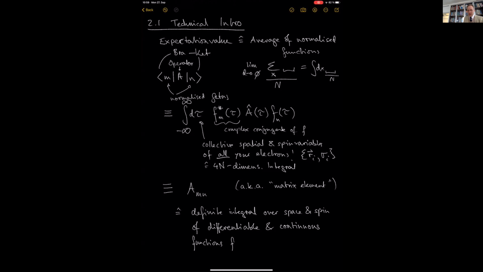Now, if something is differentiable, it means I can derive it as many times I wish, right? I can get the slope and the slope of the slope and the slope of the slope of the slope, etc., etc. And it's also continuous, so it will also be smooth, right?